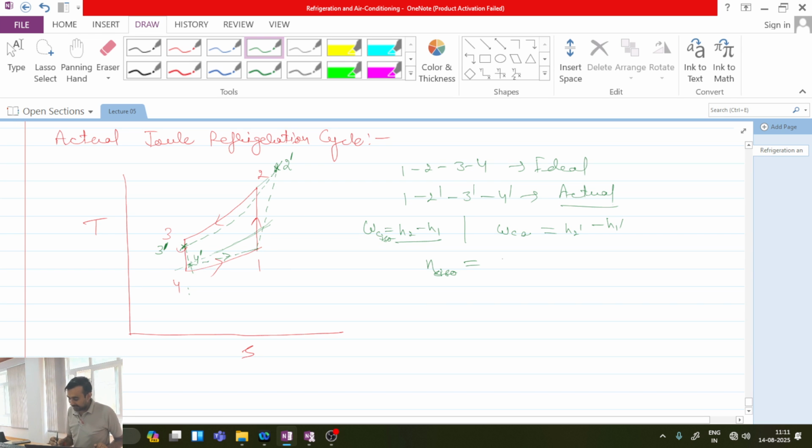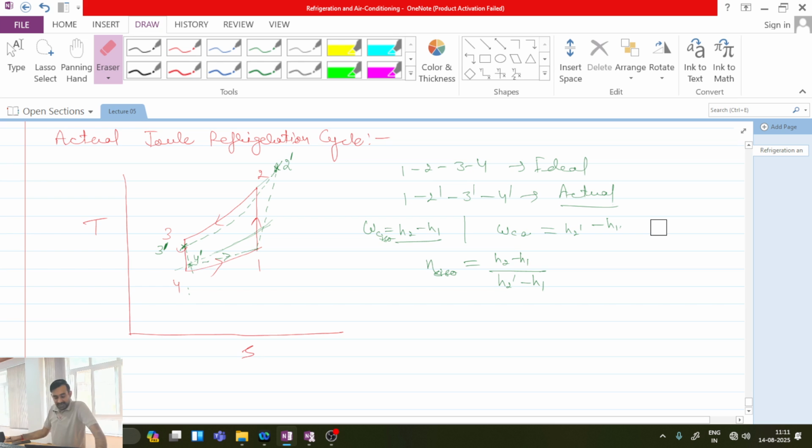What is isentropic efficiency for a compressor? It is the ideal work consumed by the compressor divided by the actual work consumed by the compressor. Is this point clear? So ideal work will be H2 minus H1, and actual work will be H2 dash minus H1, not H1 dash. Starting point is H1. Is this one clear?